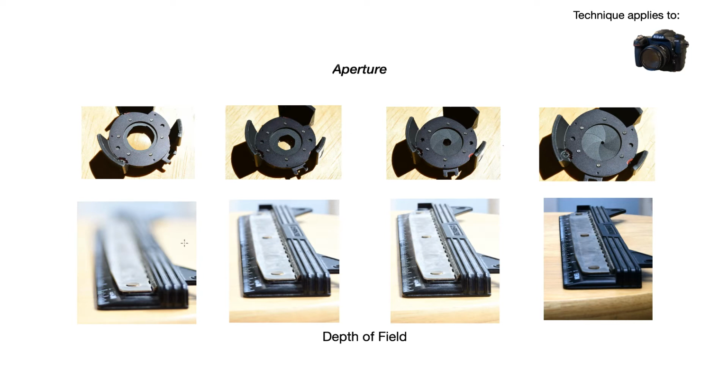As you can see in these pictures below, with a wide aperture, so a very open aperture here, only a small amount of our picture is actually in focus. As we close down this aperture, as we make the hole smaller, more and more of the picture is going to be in focus. And this is going to let us do things such as call attention to certain parts of the image.